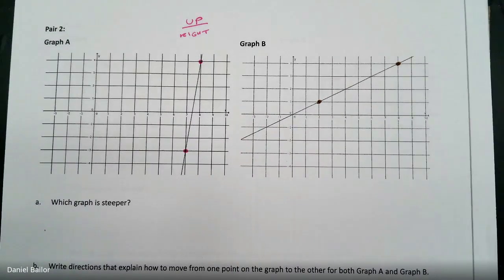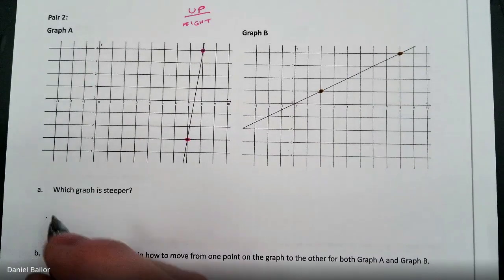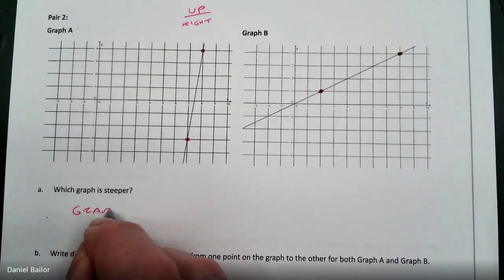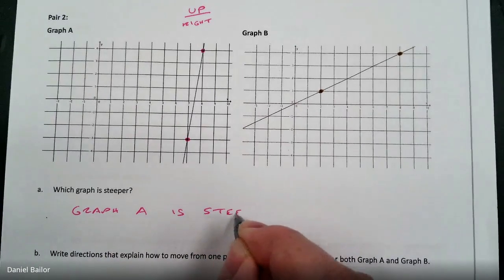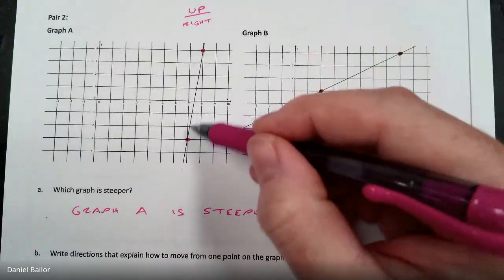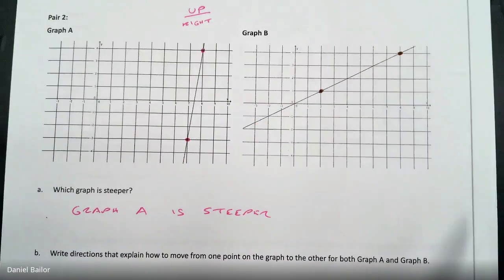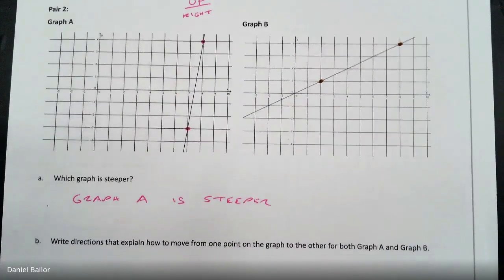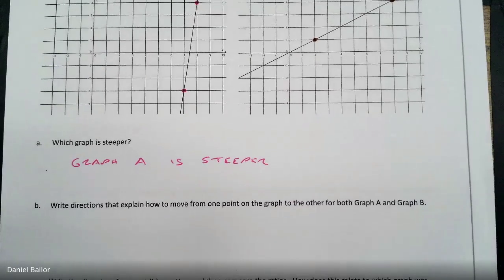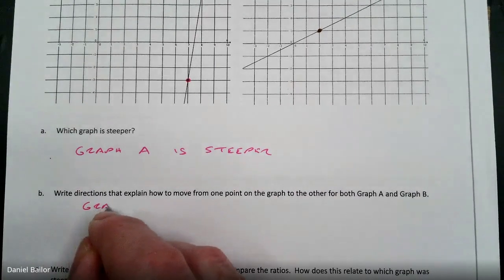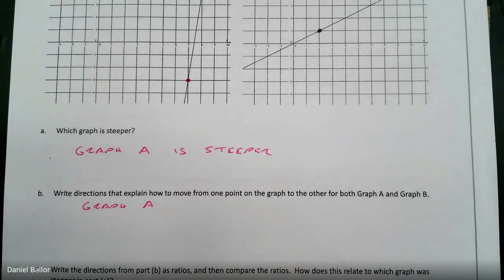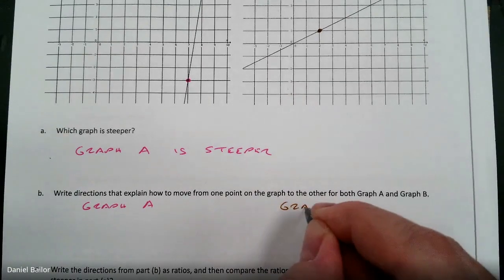Which graph looks steeper? Well, looking at this to me, graph A is steeper. If these were mountains, this would be a much more difficult mountain to climb. Now I need to turn these into actual slopes. Let me turn them into numbers. I'm going to color code.